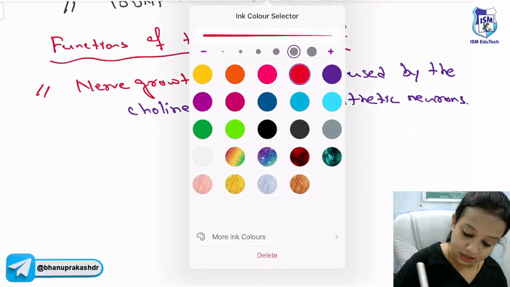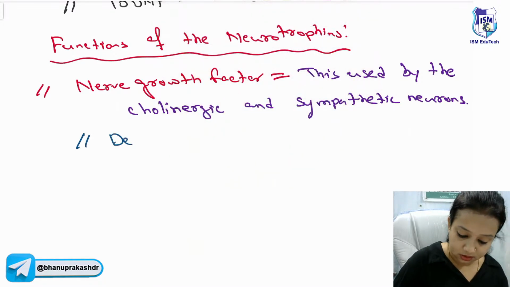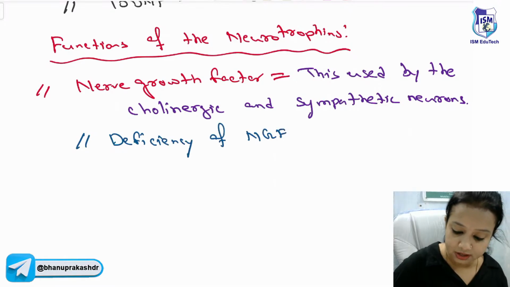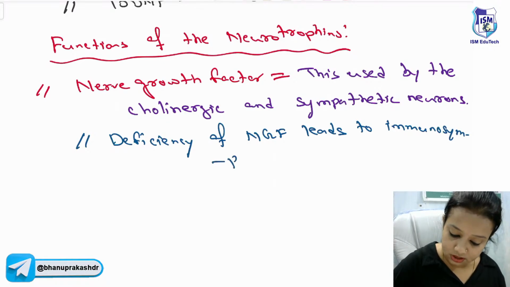Now, deficiency of nerve growth factor leads to immunosympathectomy.